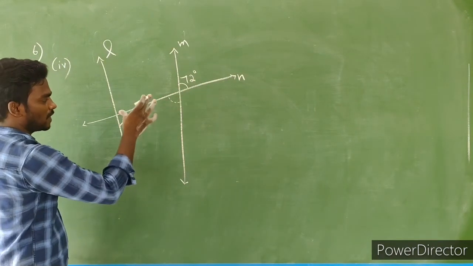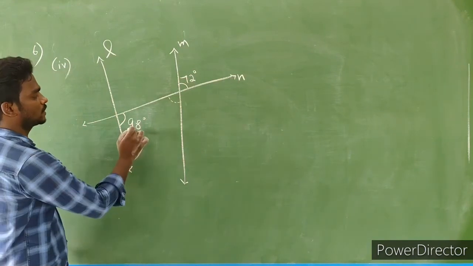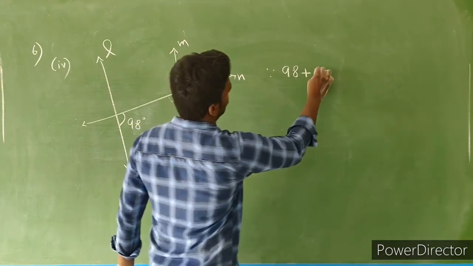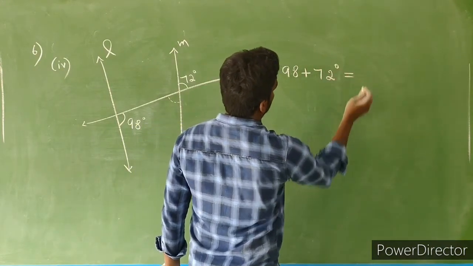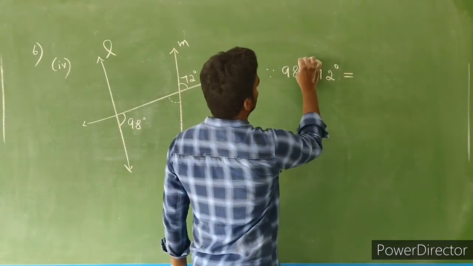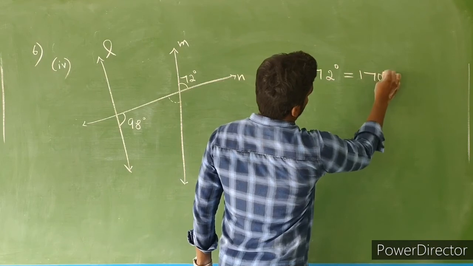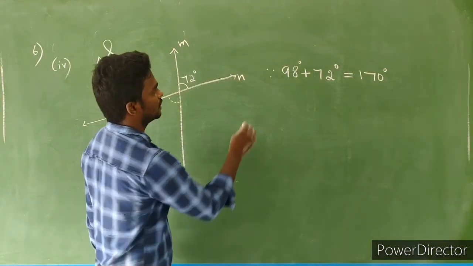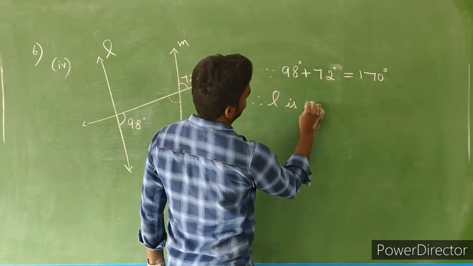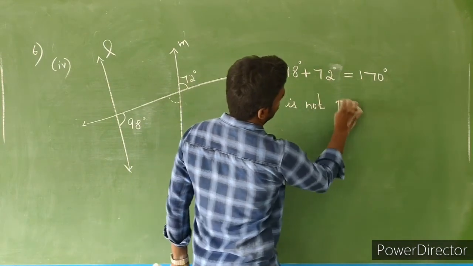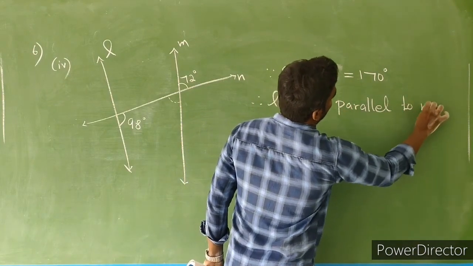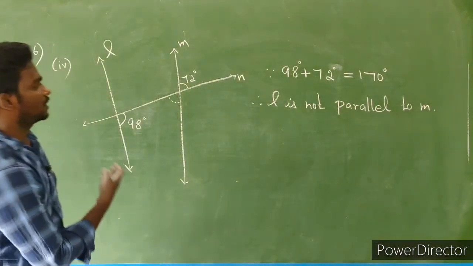We can add the sum of interior angles on the same side of the transversal. Since 98 plus 72 is 170 degrees, the sum of these two angles is 170 degrees. Therefore, L is not parallel to M. So this line L is not parallel to the line M.